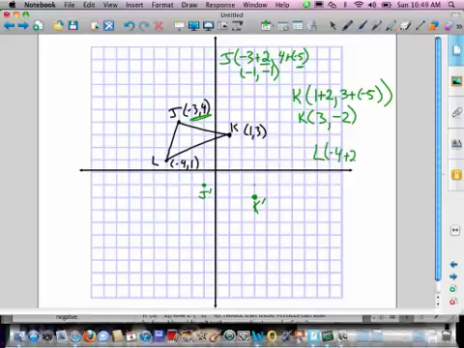So we're going to add our 2, and then we've got +1, and add in the -5. And so that comes out to be L becomes -2, -4. And so I go 1, 2, down 1, 2, 3, 4. There is L prime. And when I put my triangle back together, it should look exactly the same.